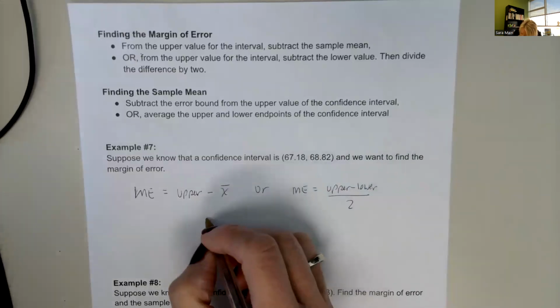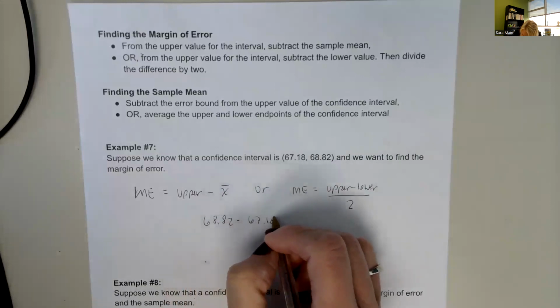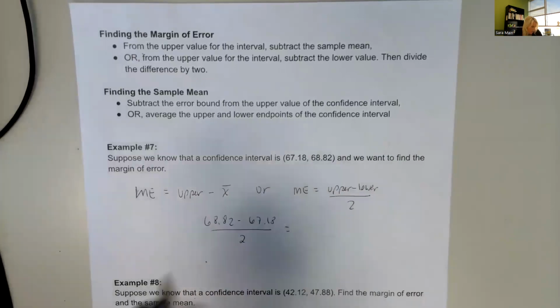So that's what we're going to do. 68.82 minus 67.18 divided by 2.